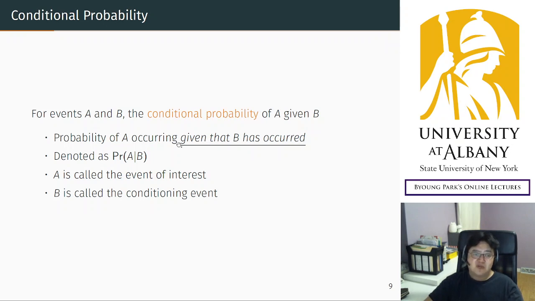So there must be an event which serves as the condition. When a condition is already satisfied, what is the probability of another event?